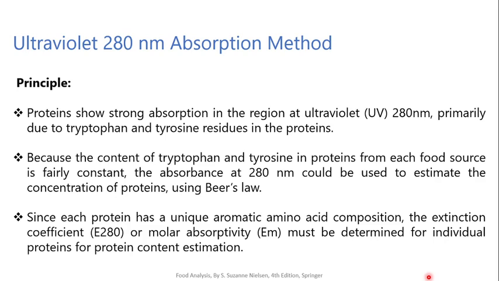Since each protein has a unique aromatic amino acid composition, the extinction coefficient, that is epsilon at 280, or we can say the molar absorptivity at 280 nanometers, must be determined for individual proteins for the protein content estimation.